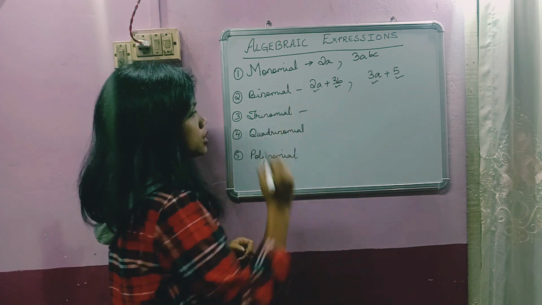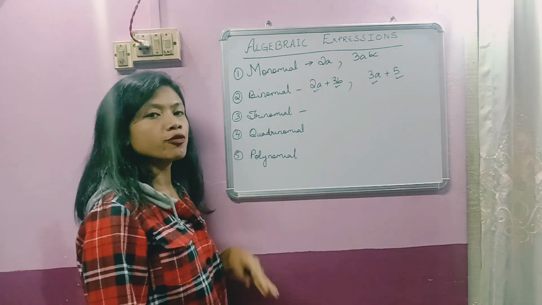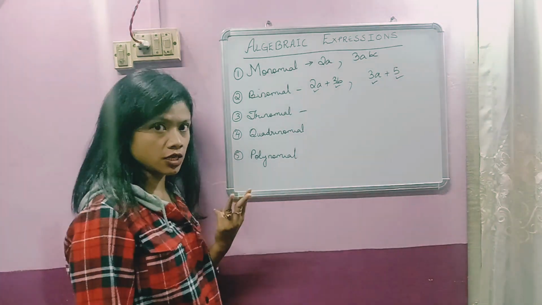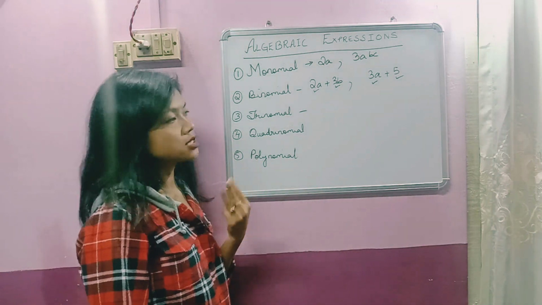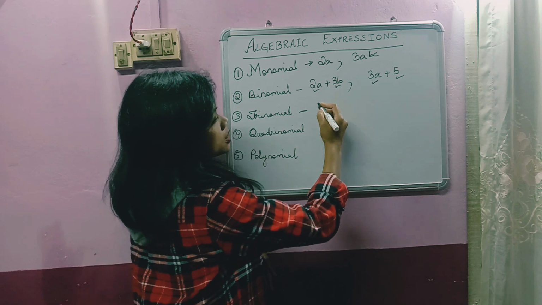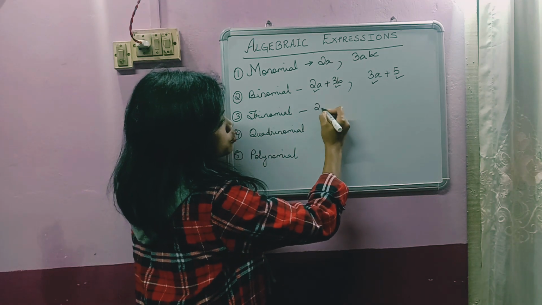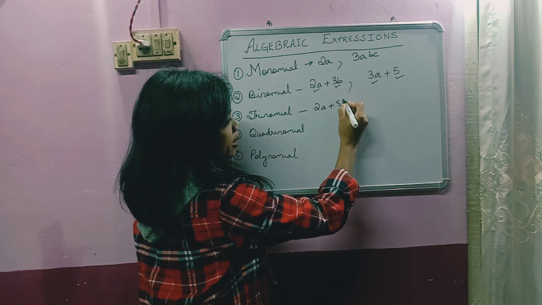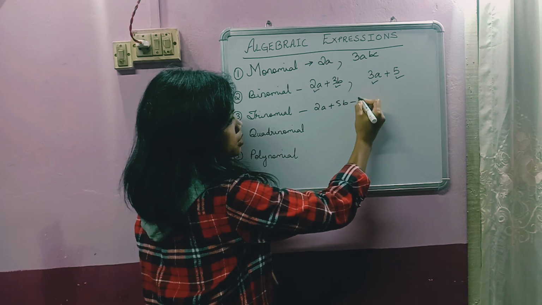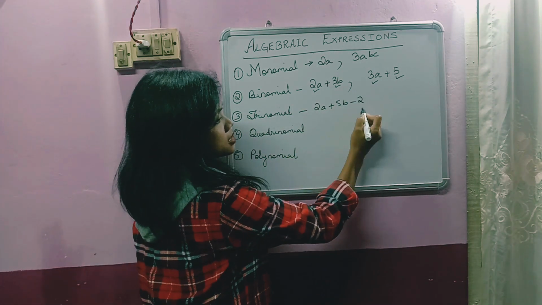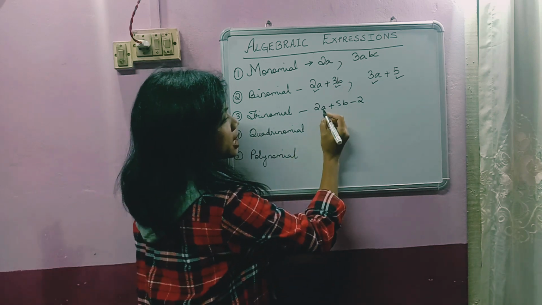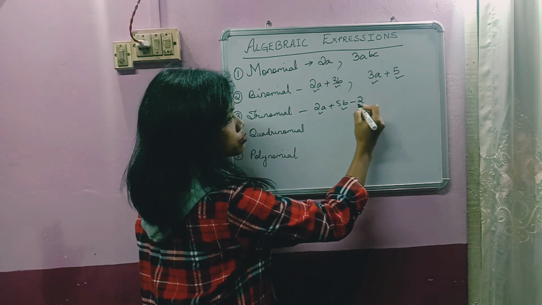Now trinomial. A trinomial is an algebraic expression that has three terms. For example, I may give you 2a plus 5b minus 2. If you look at this one, you can see that there are three terms, 1, 2, and 3.